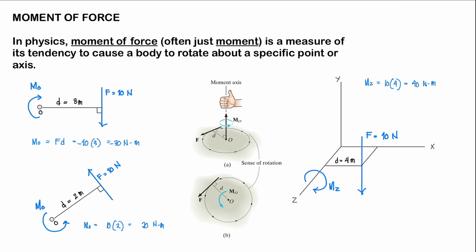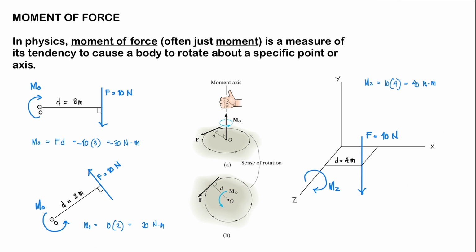According to this rule, the natural curl of the fingers of your right hand, as they are drawn right here, will represent the positive direction of the rotation.